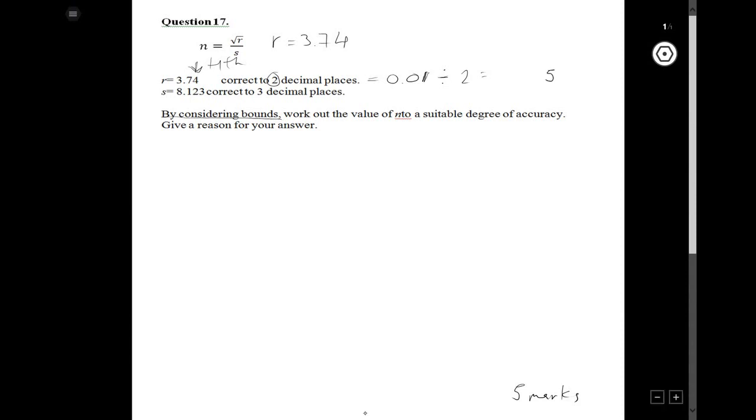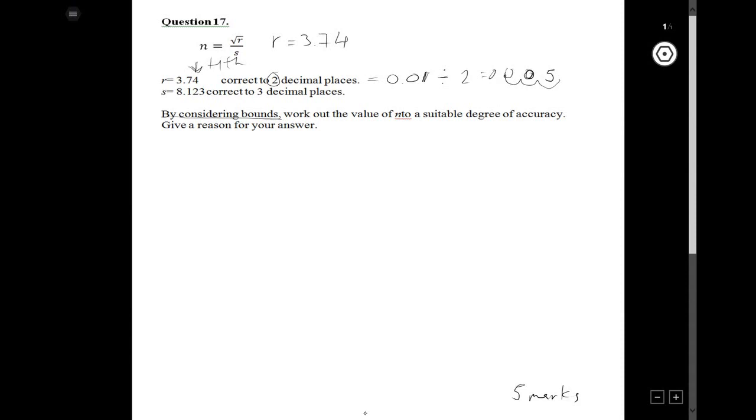Because of the negative power, my decimal point is going to go 3 spaces left. It starts from the end of the number and goes 1, 2, 3. Every empty space I fill up with zeros.